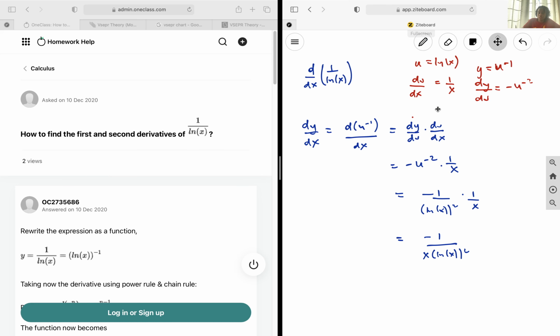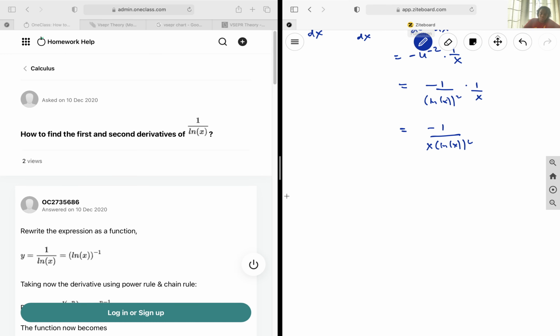Next up, we want to find the second derivative. So d squared of 1 over ln x over dx squared. That is just going to be the derivative of the first derivative, so d over dx of -1 over x ln x squared. And for this one, we are going to be using the quotient rule.